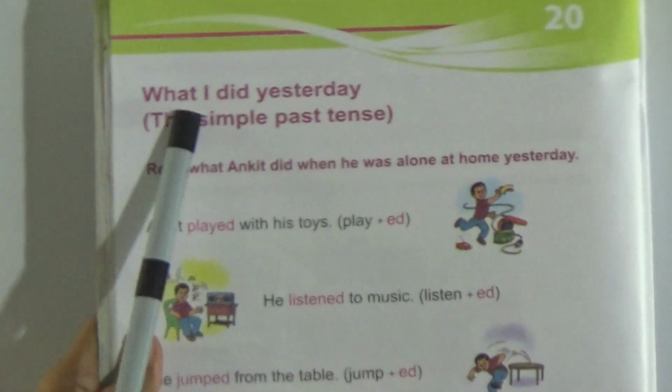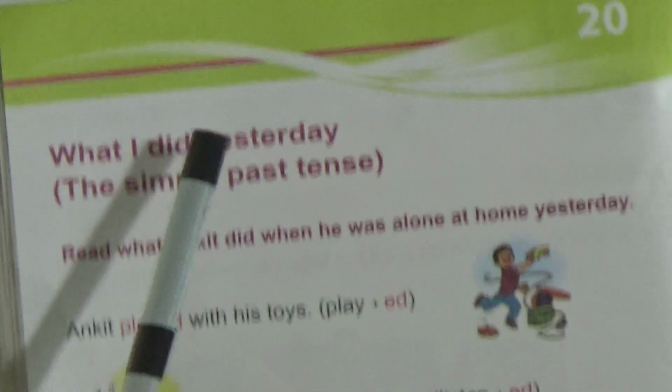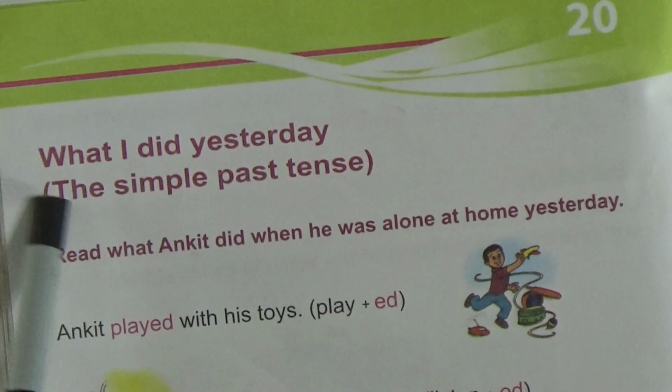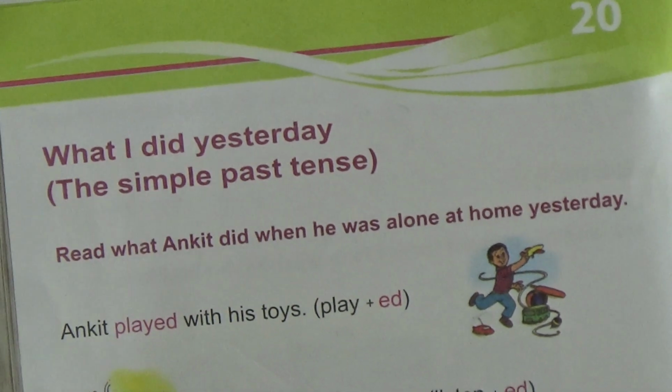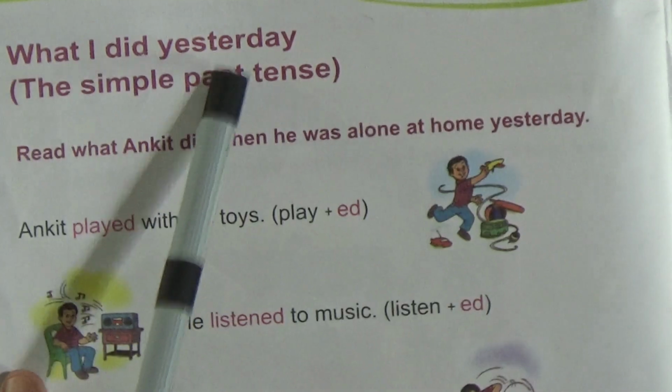This is lesson 20 and the chapter's title is What I Did Yesterday. This is called the simple past tense. That means yesterday is already gone, and this is what we did yesterday.